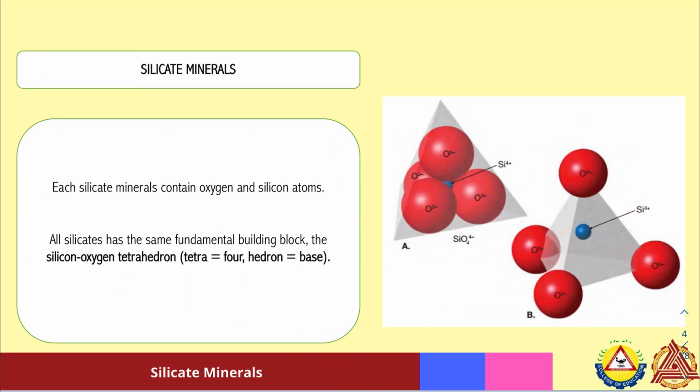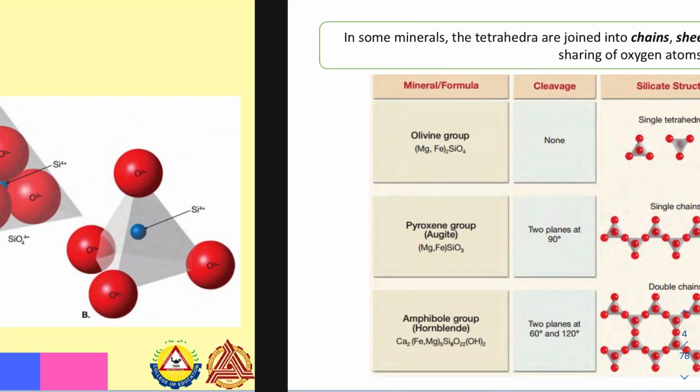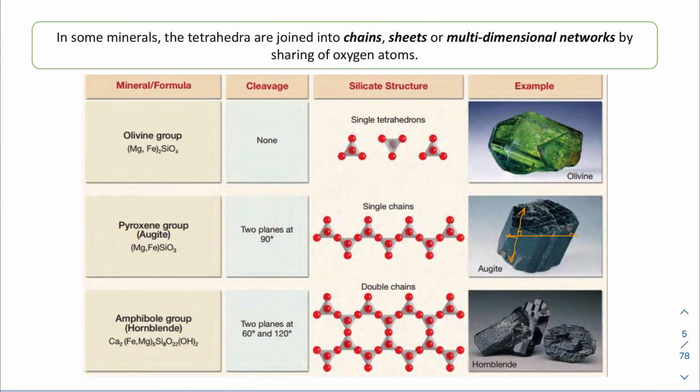I will not explain why oxygen is large in size and silicon is small, because you should already know that from basic chemistry in grade 7. In some minerals, your tetrahedra are joined into chains, sheets, or multidimensional networks by the sharing of oxygen atoms.